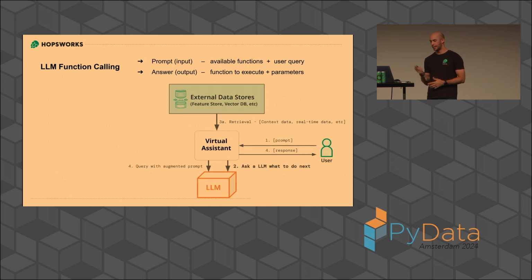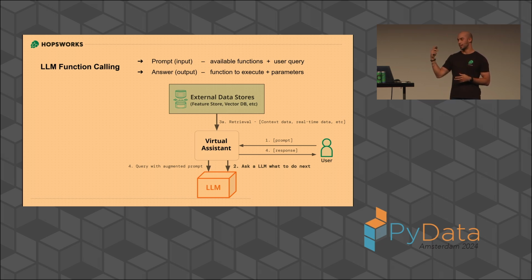So taking into account the same example as before, now when the user sends a question to the virtual assistant, it first asks the LLM what to do next. Is there any function from this set of available functions that I need to call first to retrieve some specific data?